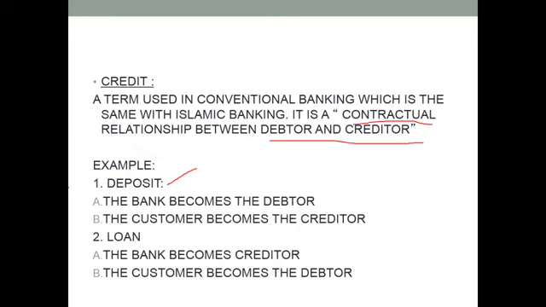And in terms of loan, the bank becomes creditor and the customer becomes debtor. However, sometimes we do not use the term debtor and creditor in Islamic banking, but we understand that the liabilities are actually the same as debtor and creditor.